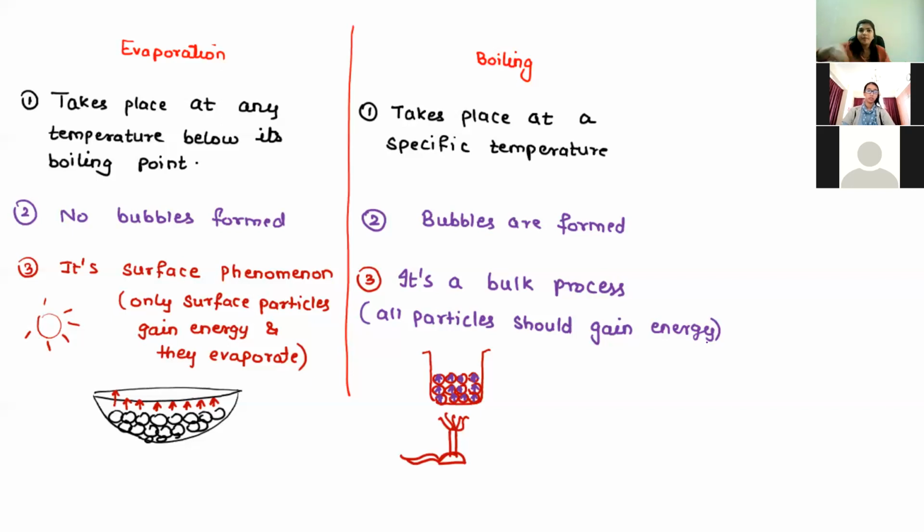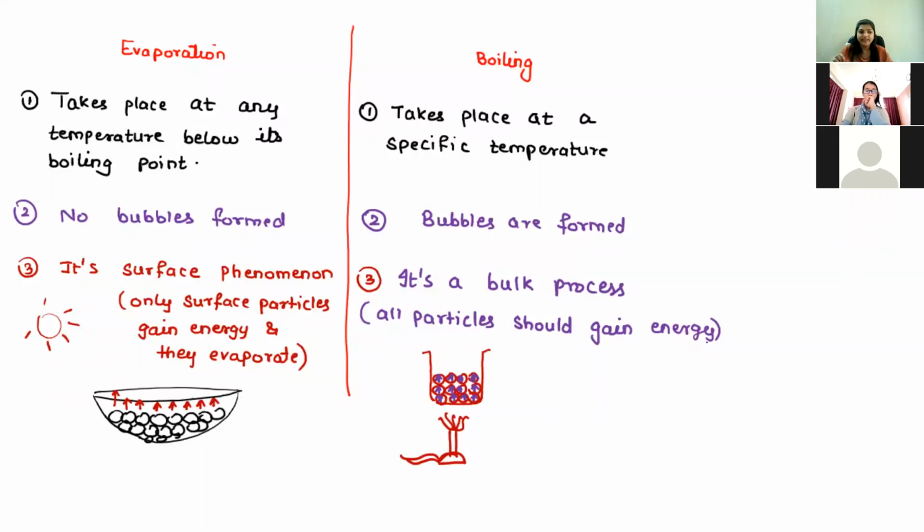Why? Because the top layer particles are more exposed, so it will evaporate faster. Evaporation is faster with a larger surface area as compared to a small one. So it takes a longer time for the tea to become cold in a cup as compared to a saucer.